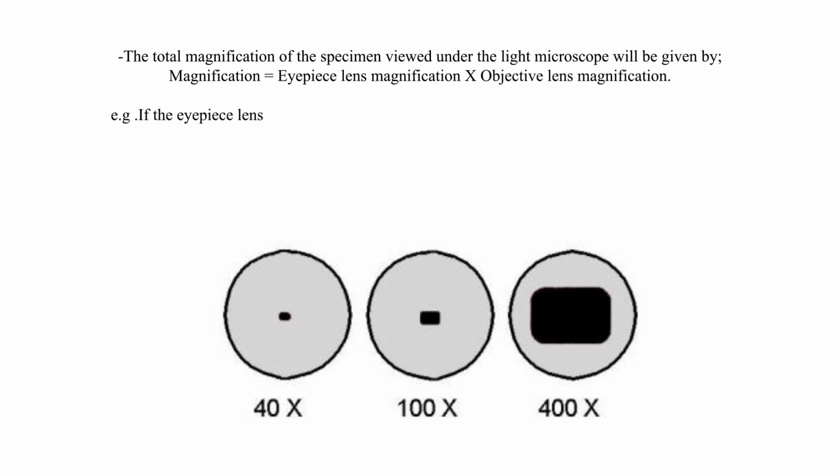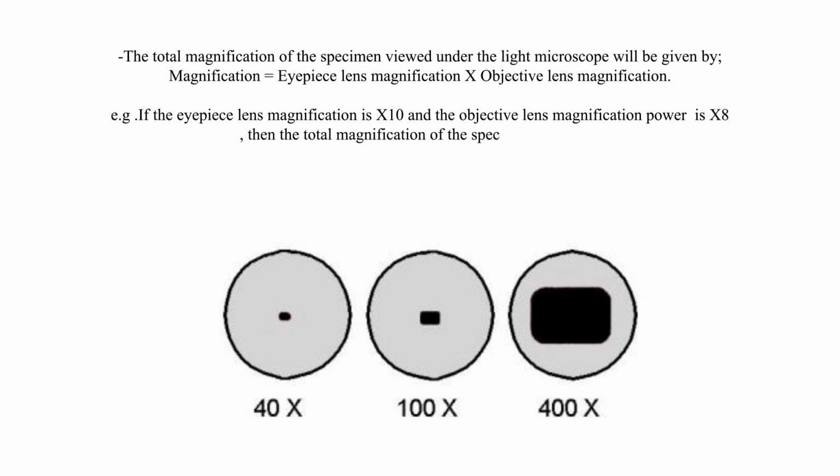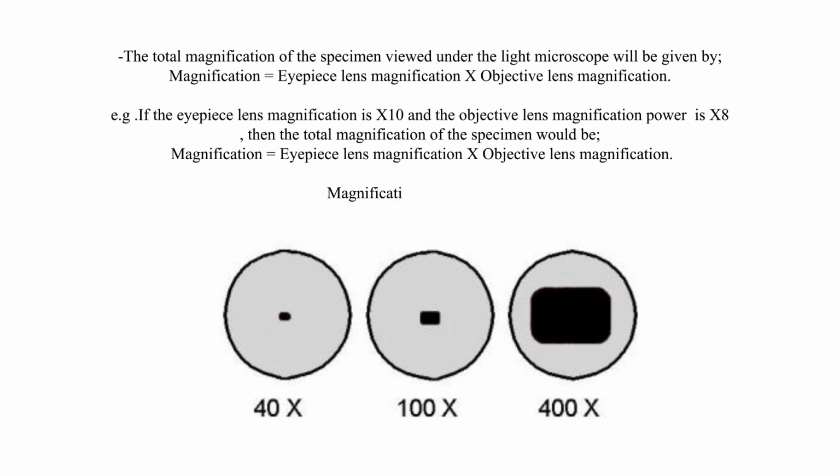Example, if the eyepiece lens magnification is times 10 and the objective lens magnification power is times 8, then the total magnification of the specimen would be: magnification equals eyepiece lens magnification times objective lens magnification. Magnification equals 10 times 8 equals times 80.